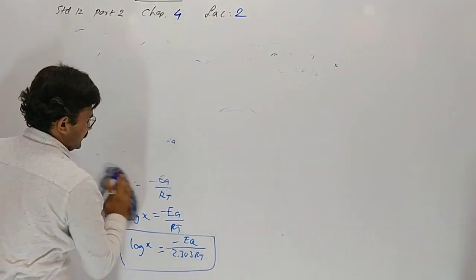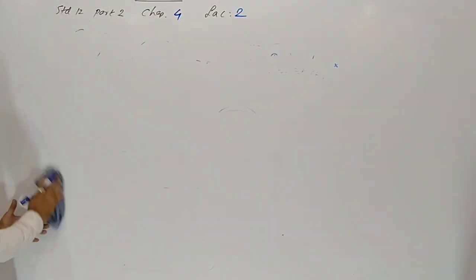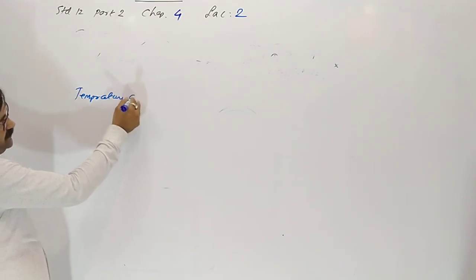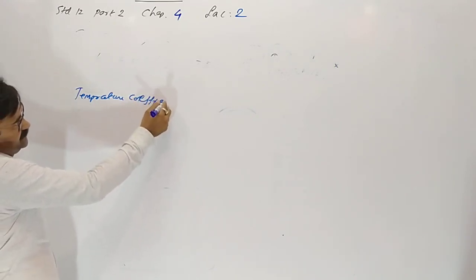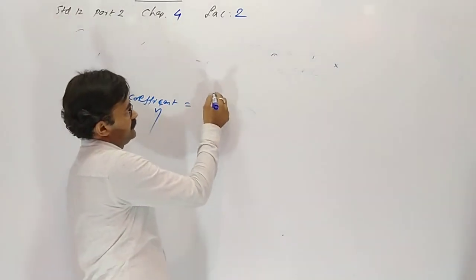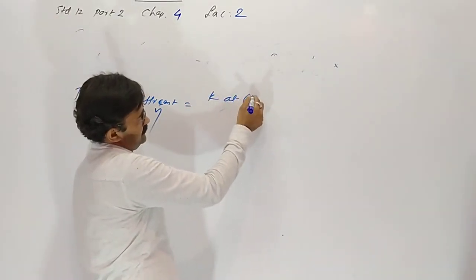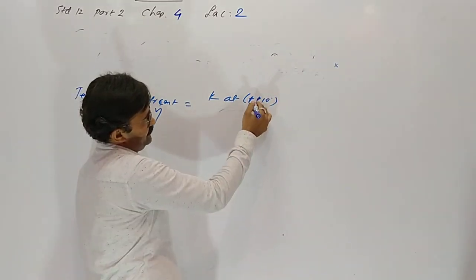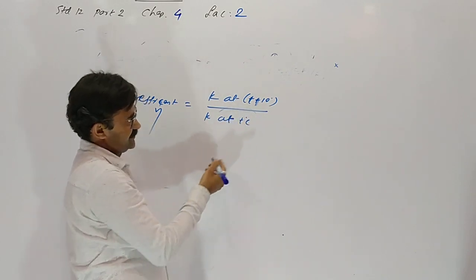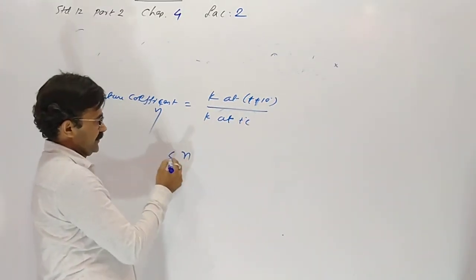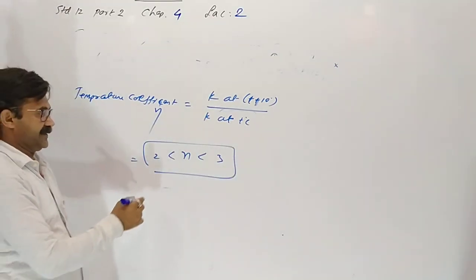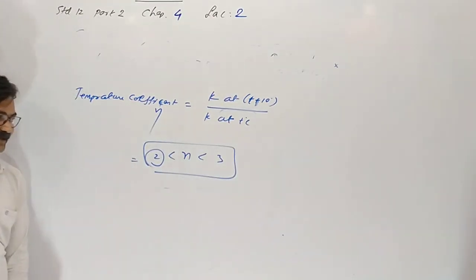And now the temperature coefficient formula. Temperature coefficient equals K at T plus 10 degrees divided by K at T degrees Celsius. The value of this lies between 2 and 3, but in most cases we can take the value as 2.